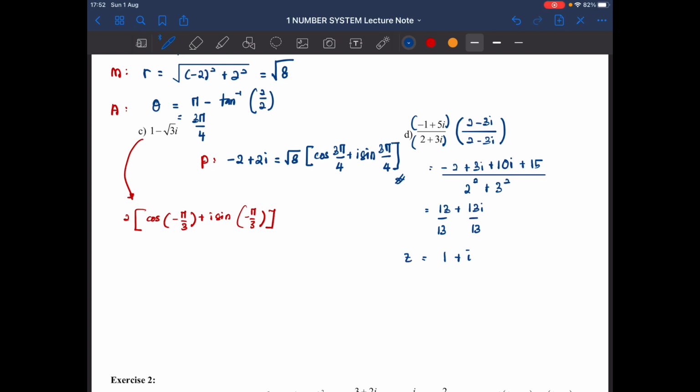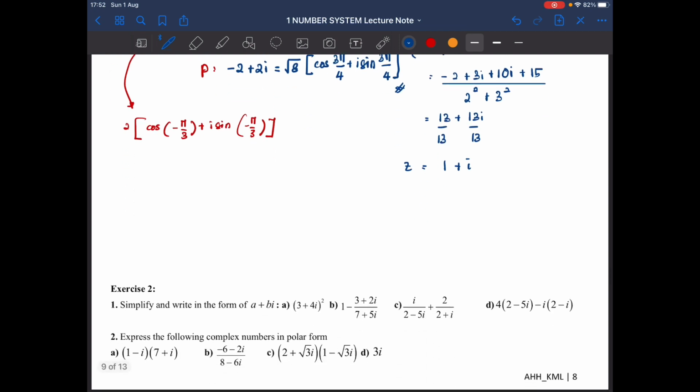So now we can solve our QMAP: quadrant, modulus, argument, polar form. For the quadrant, now we have A equals 1, B equals 1. Both are positive. We know it is in the first quadrant, obviously. Quadrant 1.